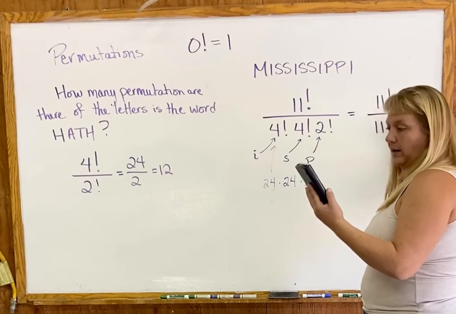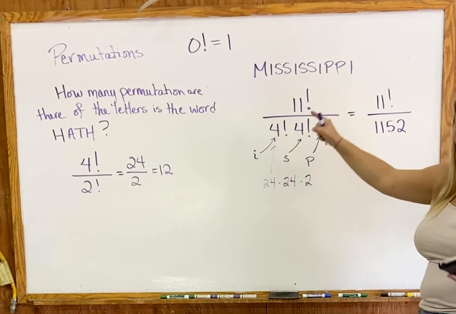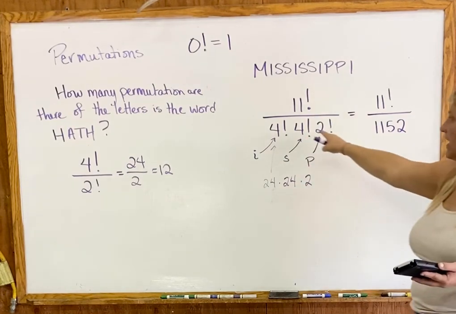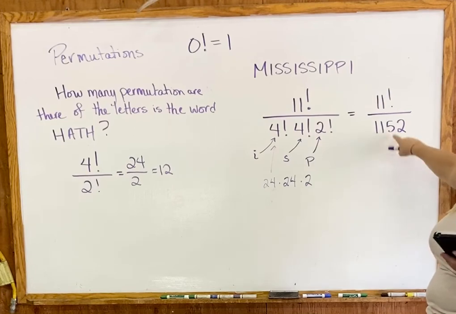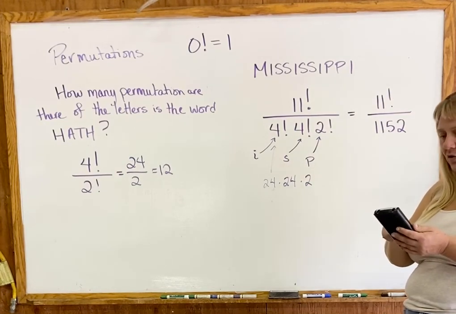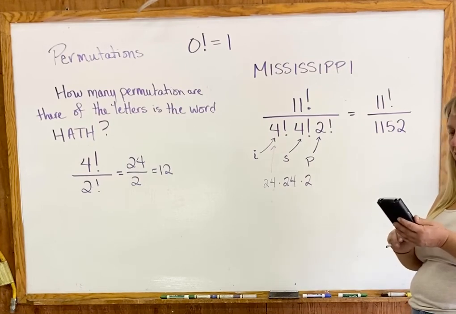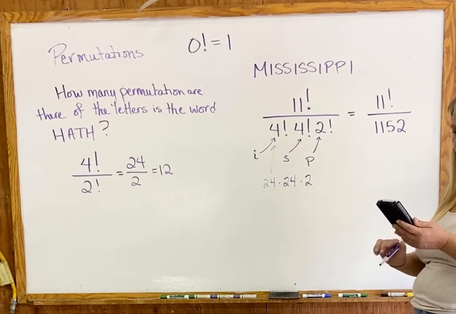So I've got 1152. Okay, so we're going to simplify the bottom of the fraction with these little factorials first. Then, now that we have a single number on the bottom, go to your calculator, find 11, up to math, over to PRB, factorial, and then immediately divide it by 1152.